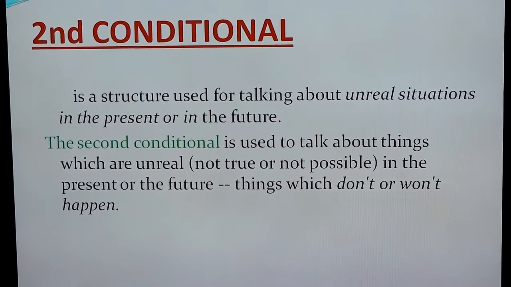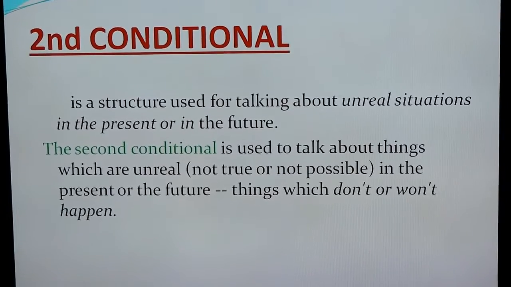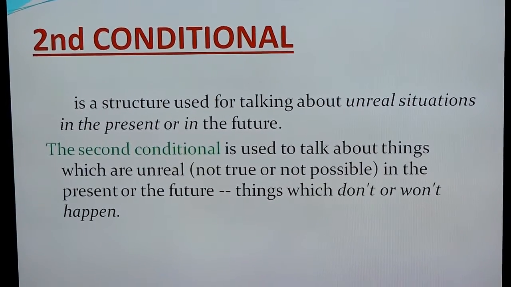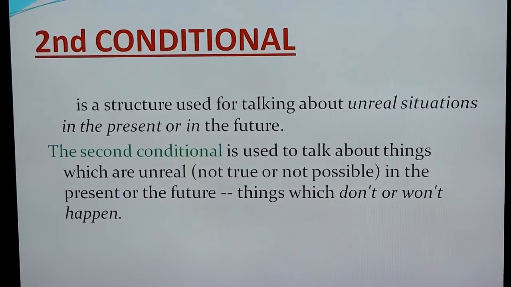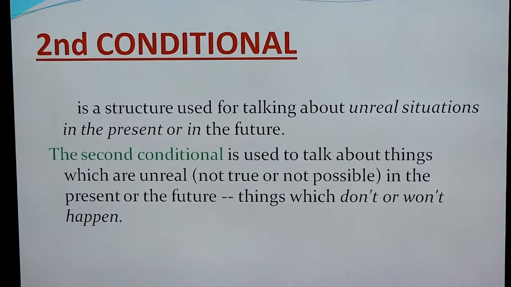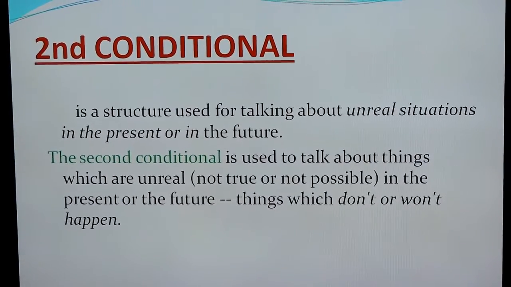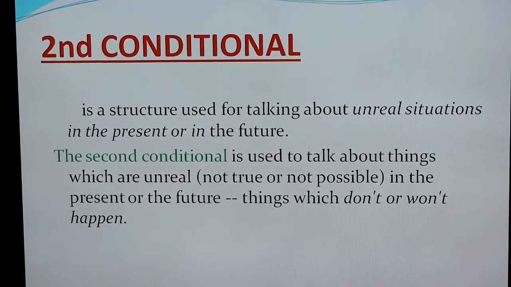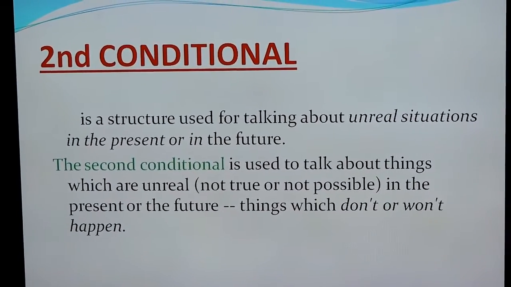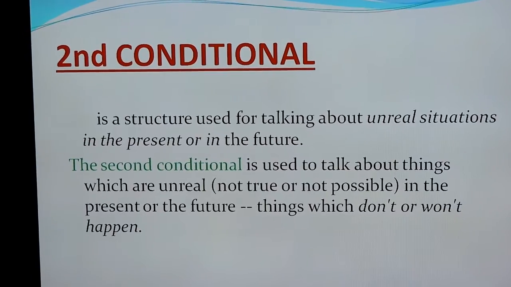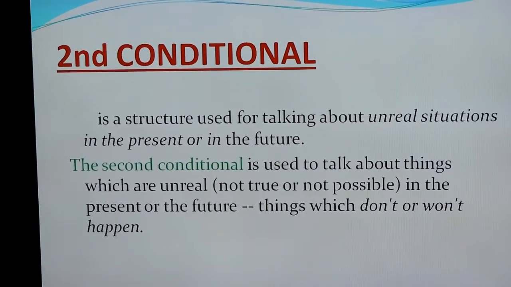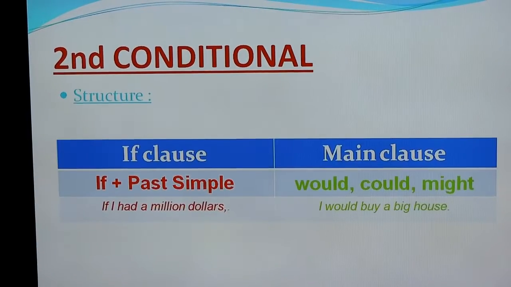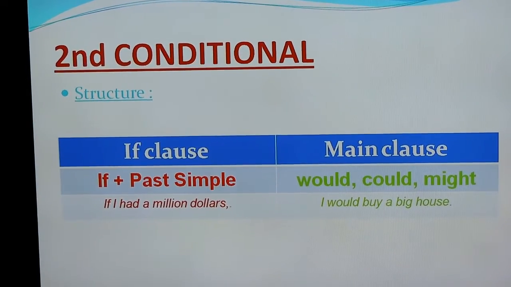We don't just use conditional type 2 because we like to, but if we have an unreal situation, or something which is not true or not possible to happen, we use the second conditional. Good. Let's see the structure, the if clause and the main clause.